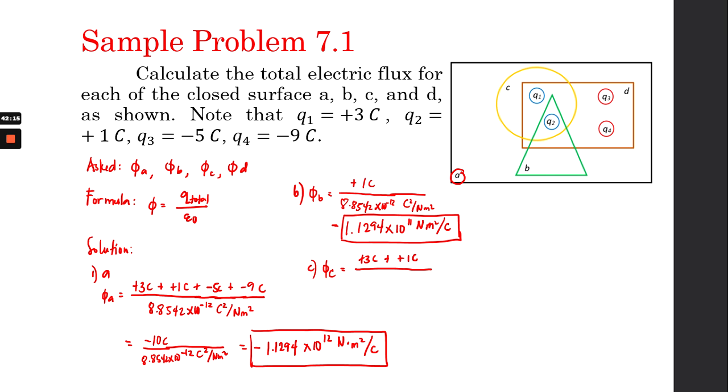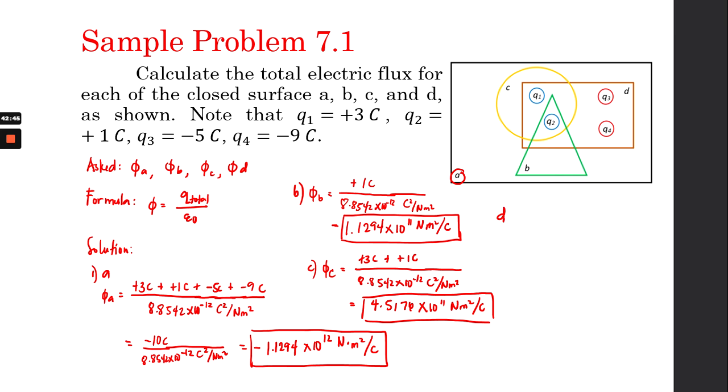That is equal to 4 coulombs divided by 8.8542 times 10 raised to negative 12 coulomb squared per newton meter squared. So the electric flux for our surface C is equal to 4.5176 times 10 raised to 11 newton meter squared per coulomb.